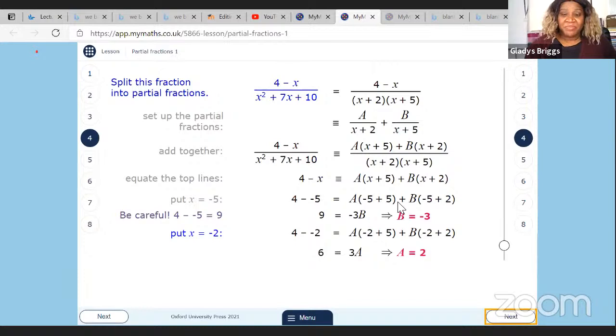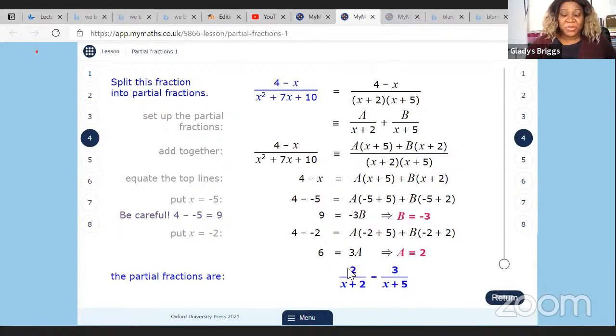Yeah, well done, Reem. Okay. So when we finish, the partial fractions will be 2 over x plus 2 minus 3 over x plus 5. Okay? If you didn't get any aspect right, copy them down now.